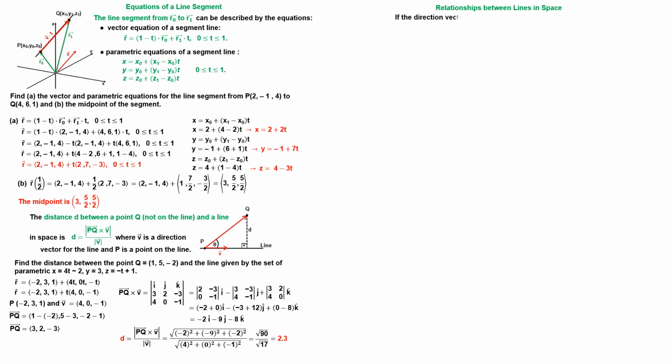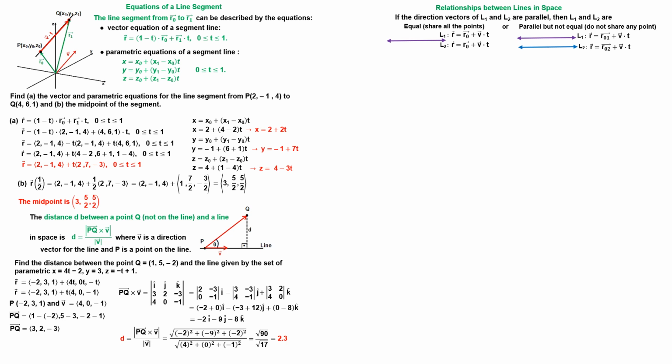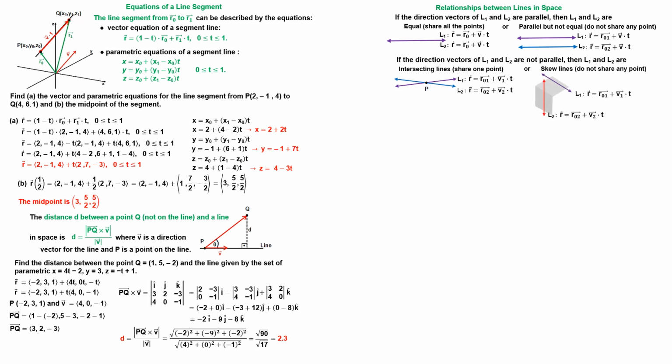If the direction vectors of line 1 and line 2 are parallel, then line 1 and line 2 are equal or parallel but not equal. If the direction vectors of line 1 and line 2 are not parallel, then line 1 and line 2 are intersecting lines or skew lines. Let's see how it works.